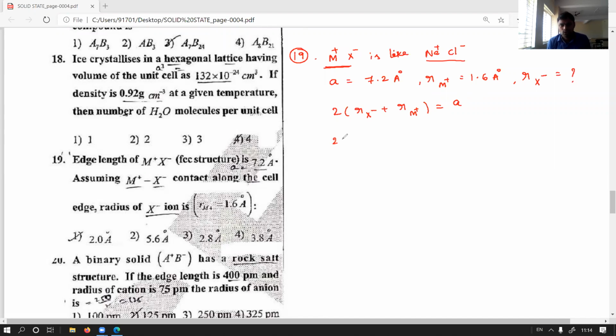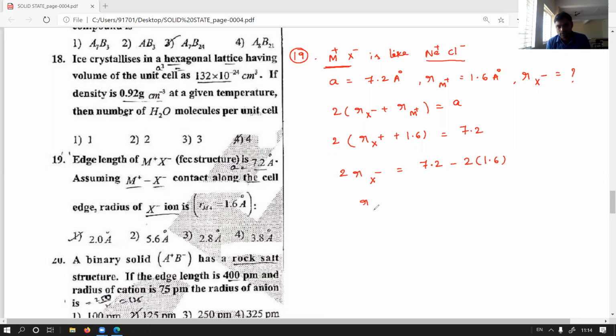Then 2 into radius of X minus plus radius of M plus, how much they gave? 1.6 they gave, is equal to A value, 7.2 angstrom units. Then 2 into radius of X minus is equal to 7.2 minus 2 into 1.6.